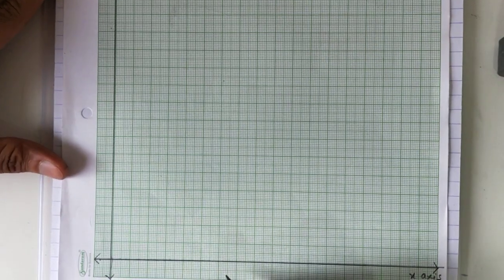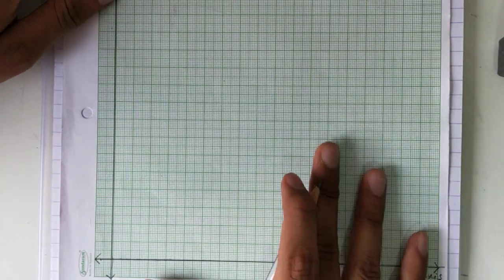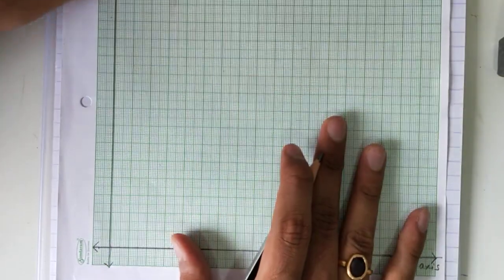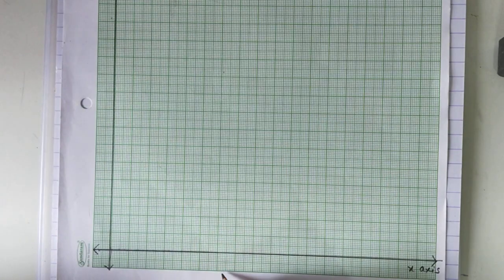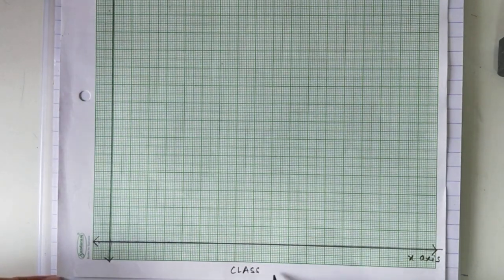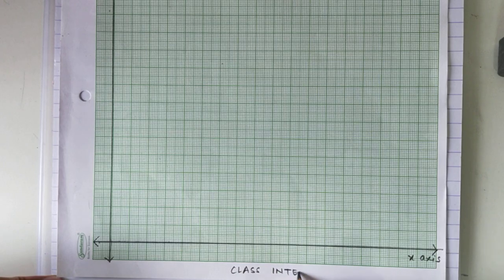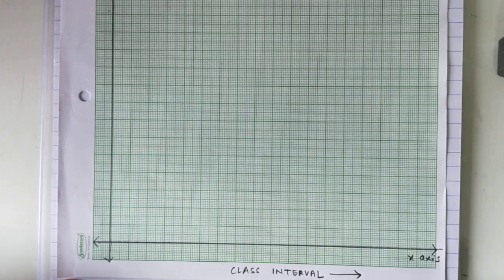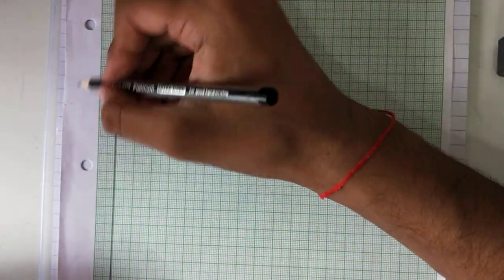This is the class interval. And here you should write the frequency.